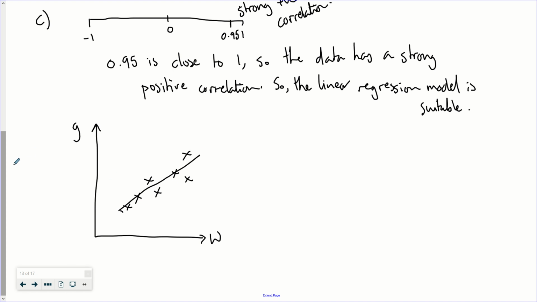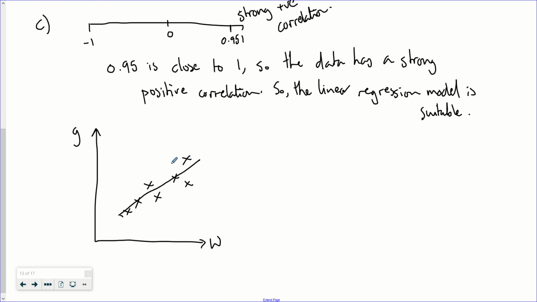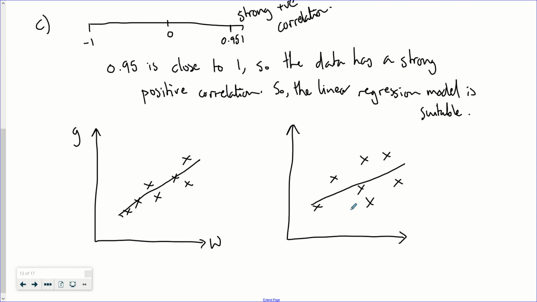And we've got a fairly strong positive correlation, which means that our line is good. Now, if we had our product moment correlation coefficient closer to 0, then perhaps our data would look more something like this. And that would mean that our line of best fit probably isn't a very good model for a line going through the data.